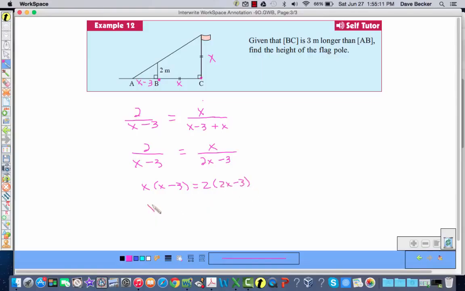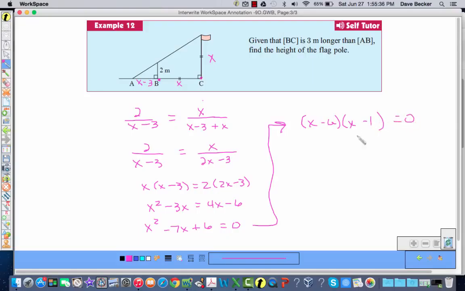Cleaning it up, x squared minus 3x equals 4x minus 6. Clean it up some more. x squared minus 7x plus 6 is equal to 0. And we're going to factor like it's 1999 and get x minus 6, x minus 1 equal to 0.